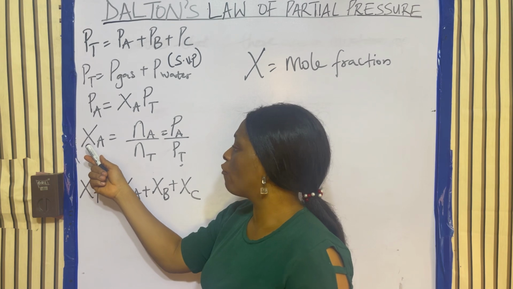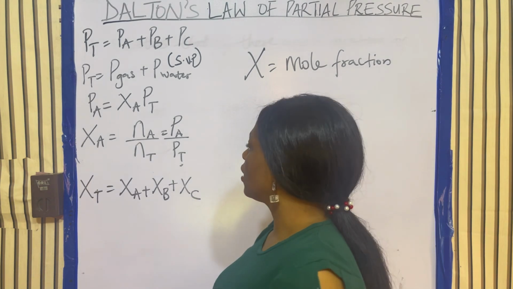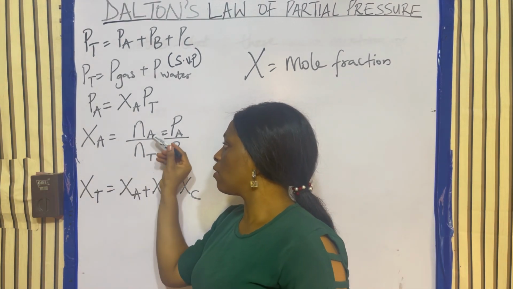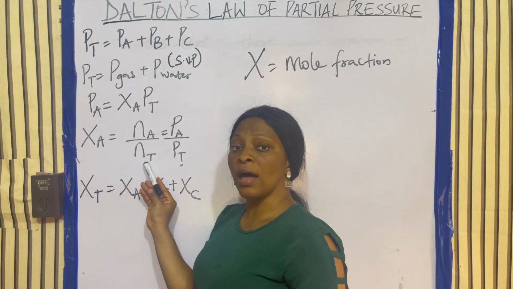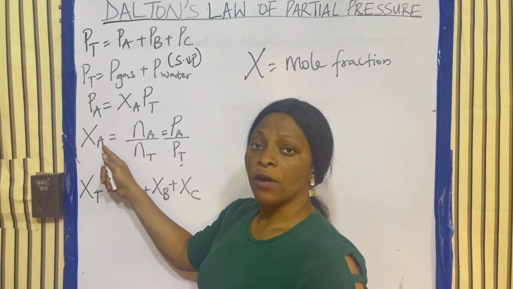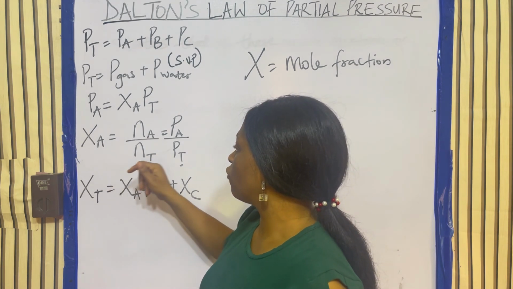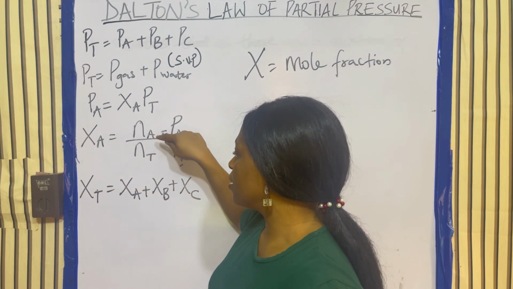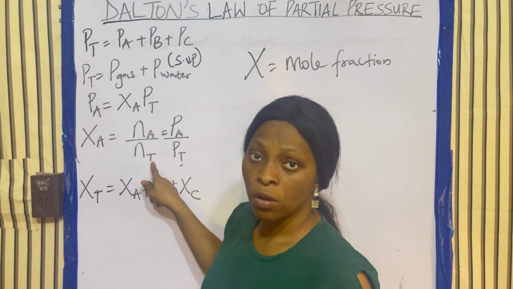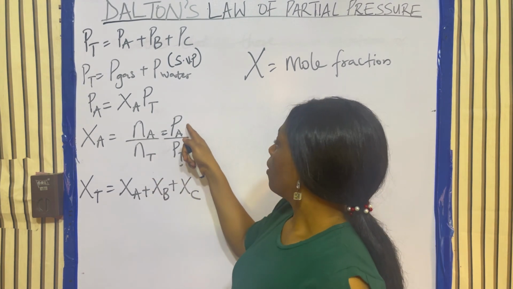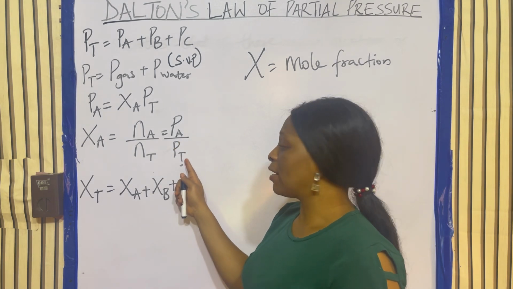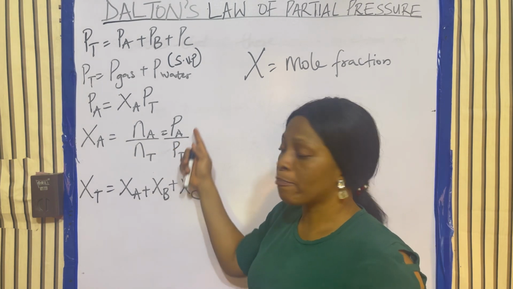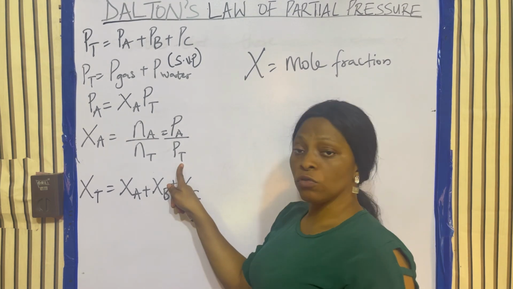To get your mole fraction, mole fraction of A is equal to number of moles of A divided by the total moles. The mole fraction of B will be number of moles of B divided by the total moles. This can also be gotten by partial pressure of A divided by the total pressure. If it is B, partial pressure of B divided by the total pressure.